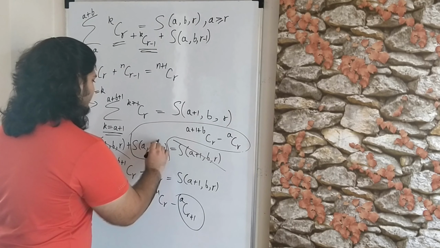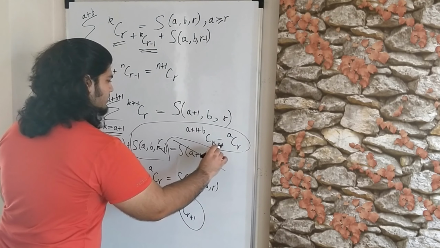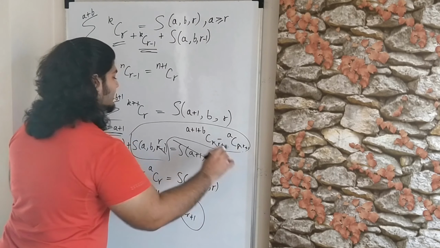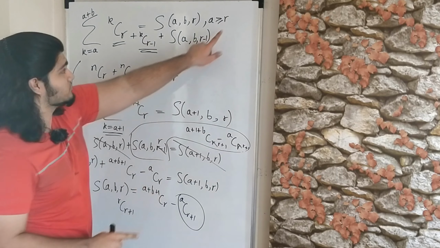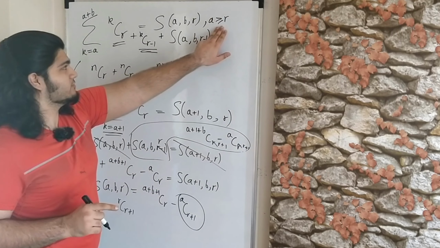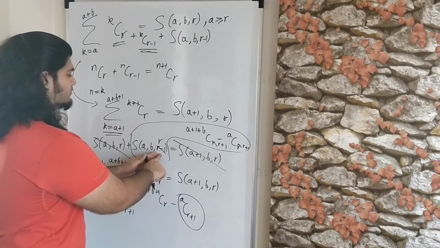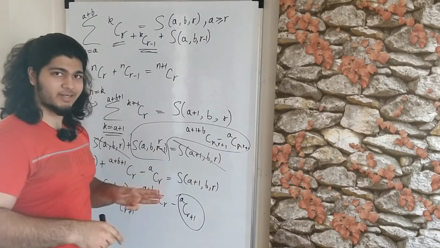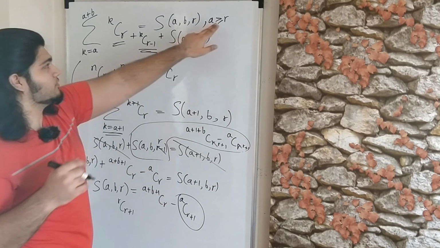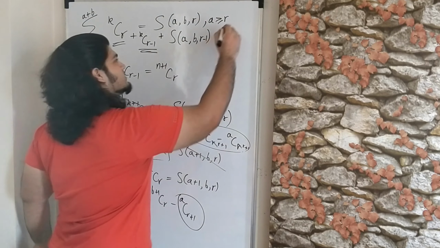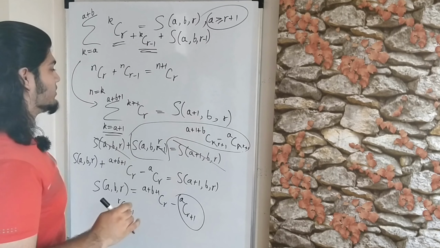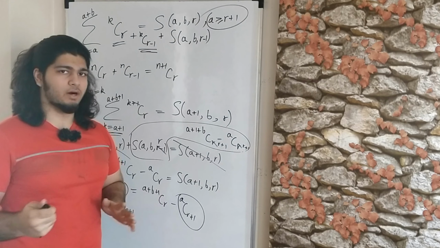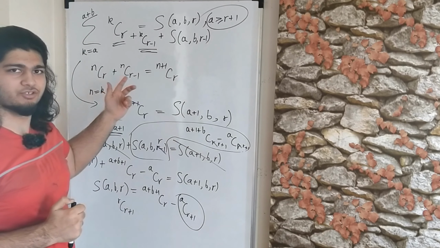So we replaced this by r and r plus 1, and this is where we broke that assumption, because we didn't do the plus 1 over here. On the basis of this assumption, we found a formula for r minus 1. So if we are going to convert it into a formula for r, we have to do that manipulation over here as well. So this formula only works for a greater than or equal to r plus 1. For a equal to r, you have that previous formula which I showed you.